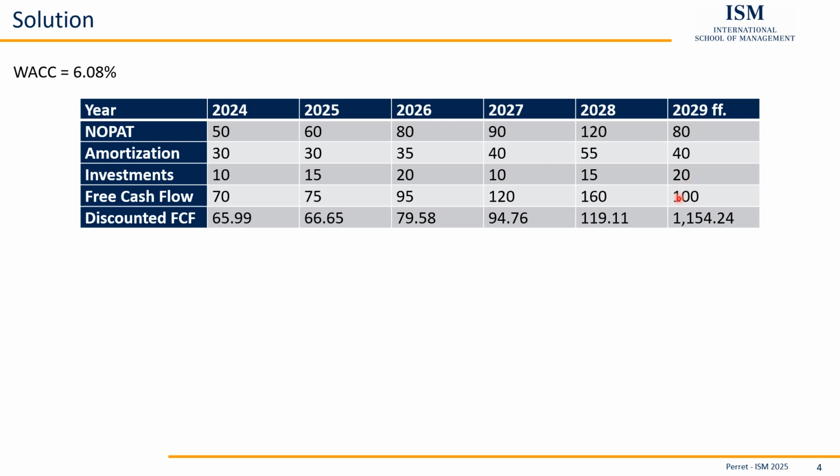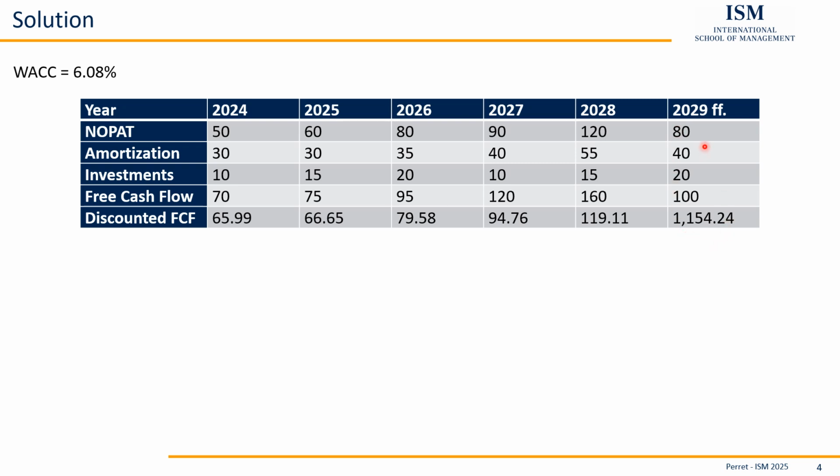Year 29 is a little bit different, because this is just a representation of this infinitely long payment period. So what we're going to do here first is consider the present value of this perpetuity, which this column represents.